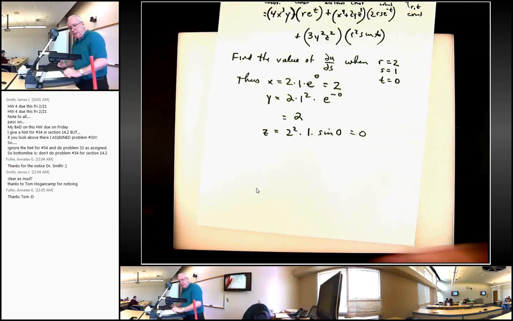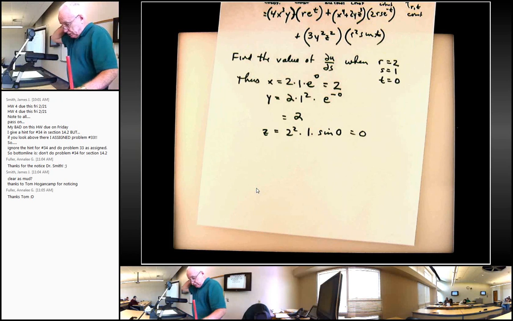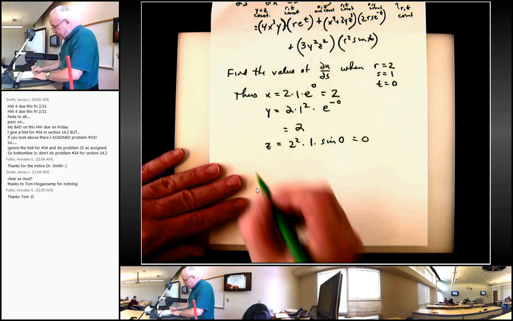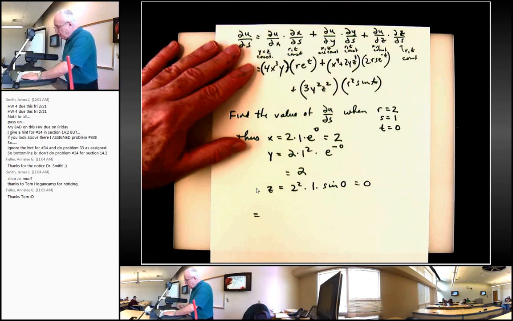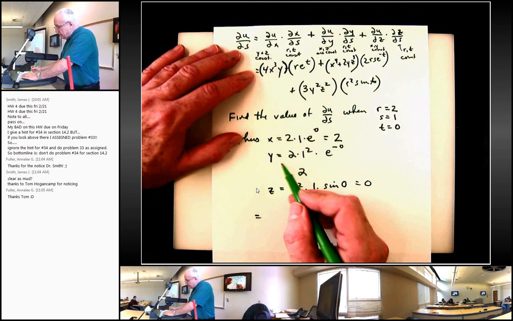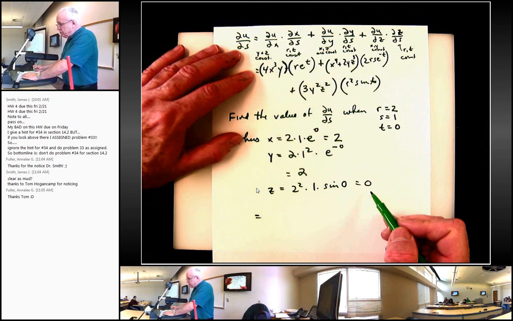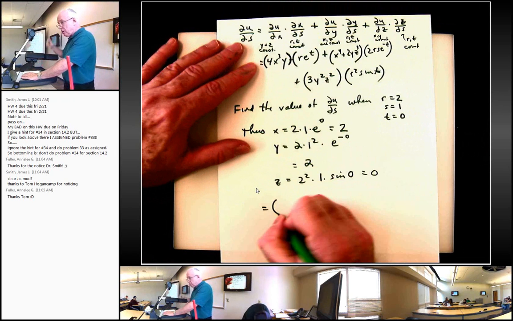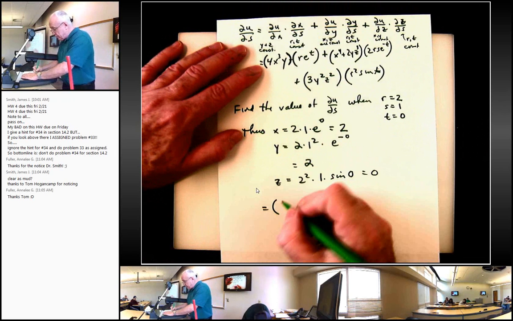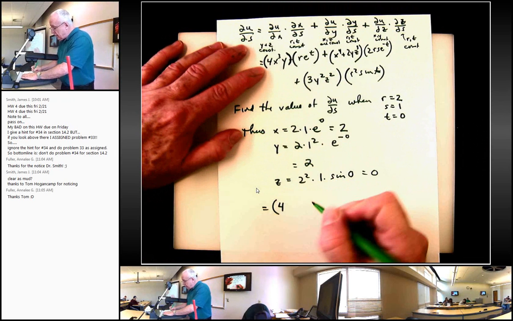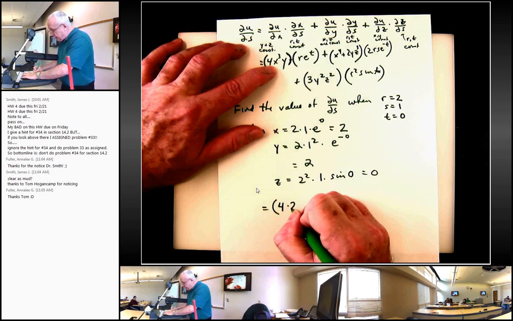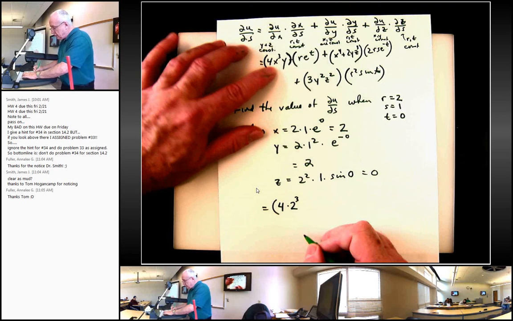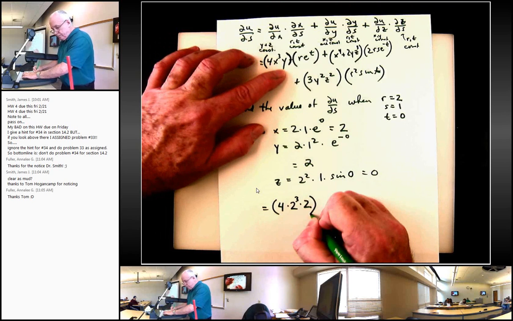All right. So we have all these. So let's just plug this in and be done with this problem. Okay. So x is 2, y is 2, z is 0, r is 2, s is 1, t is 0. Now it's just a matter of plugging in. So we have 4 times x to the third, that's 2 to the third, times y, which is 2.